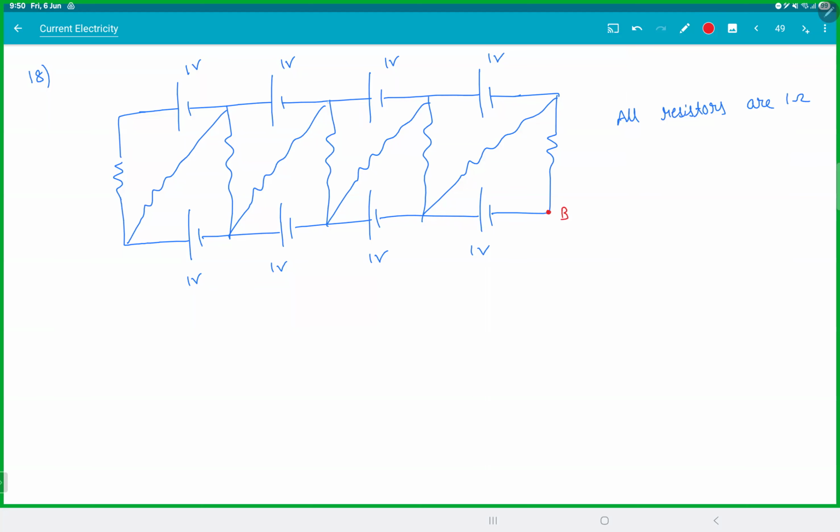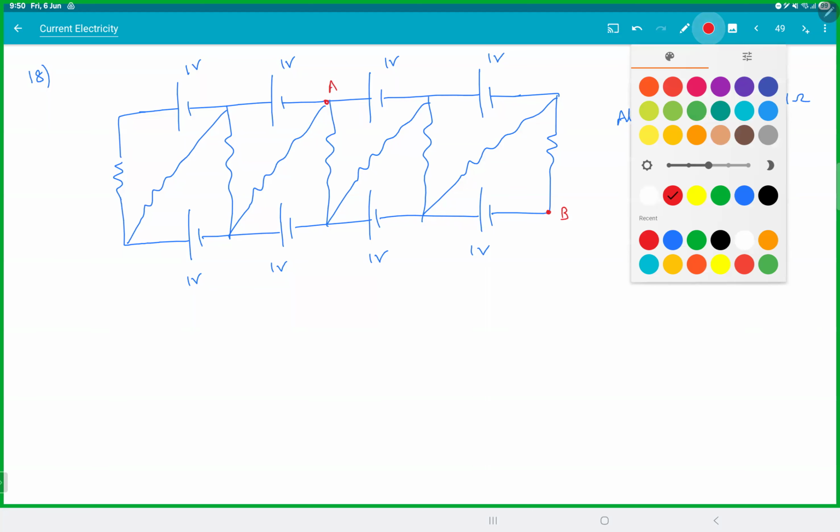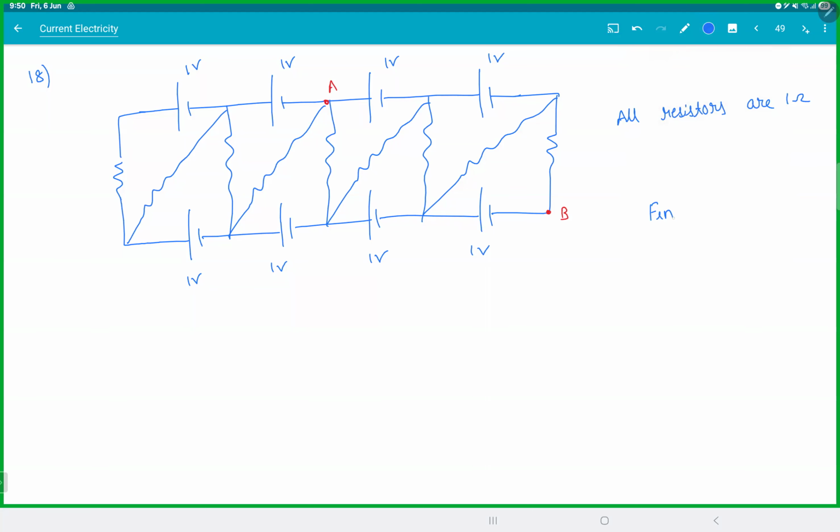This point is B and this point is A. Find VA minus VB. How do we approach them? 8 batteries.